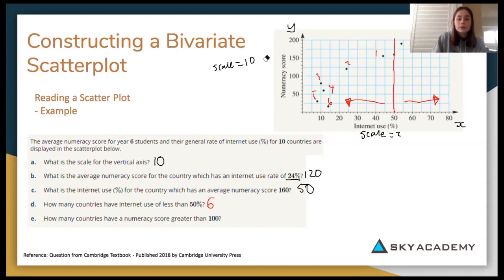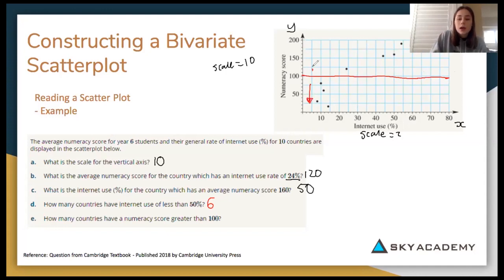And if I was to do the next question, how many countries have a numeracy score greater than 100? So once again, I would do the same thing, but instead of being on the x-axis with 50, we're going to be on the y-axis with 100. So I'm going to go across at 100. This would be less than 100 because we're going down.